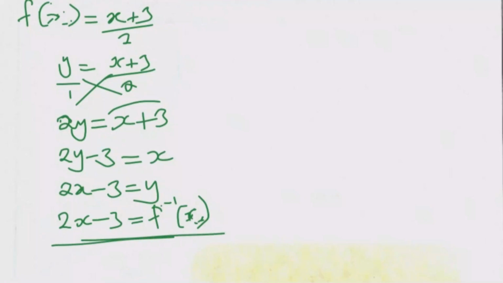It's okay if you can swap the sides like I'm going to do. Once I've gotten this answer, I can record it down here: the inverse of f of x is equal to 2x minus 3. I don't know if you have followed me.